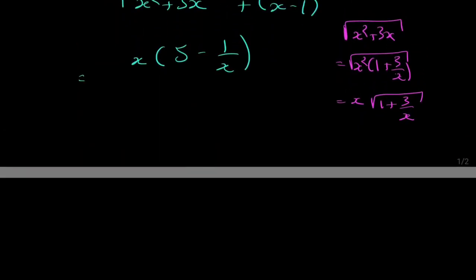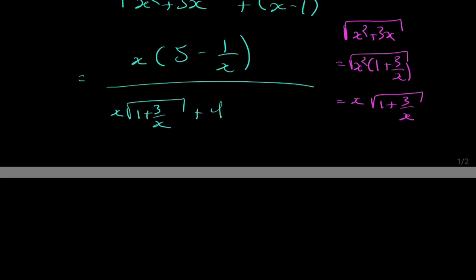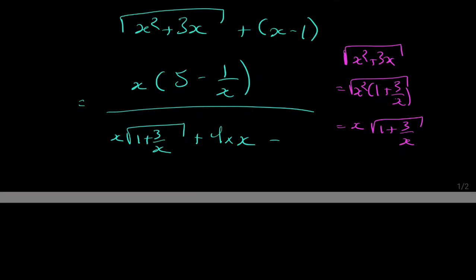And so we have this over x times the square root of 1 plus 3 over x, plus 1 times x minus 1 times 1 over x.